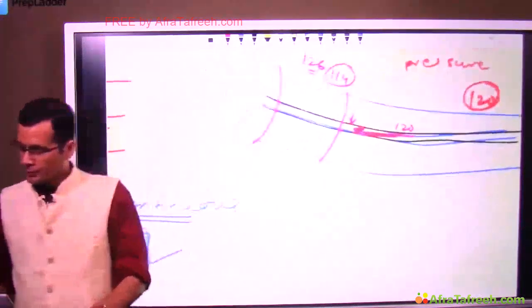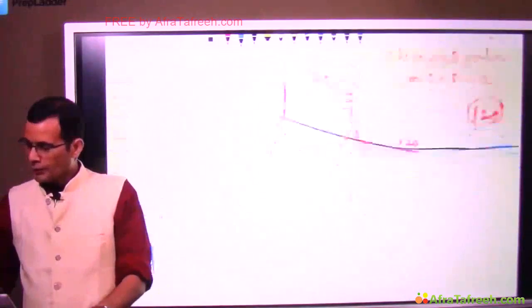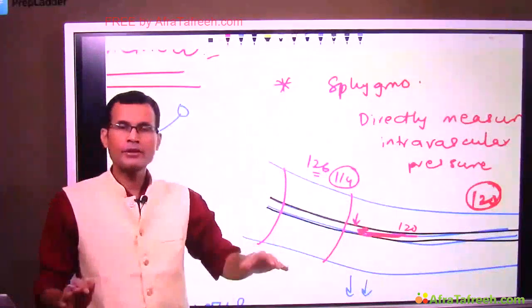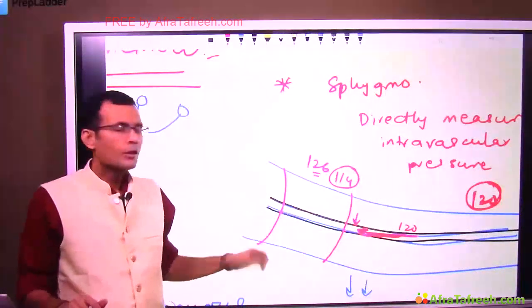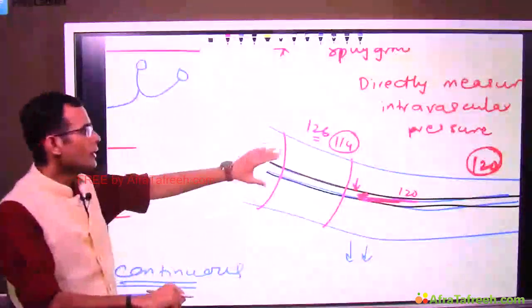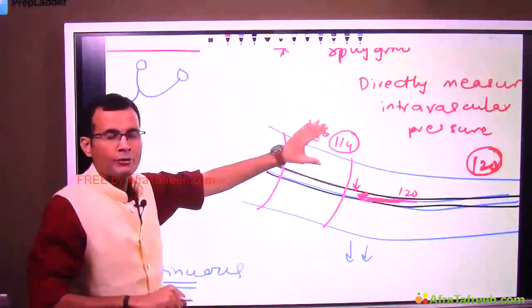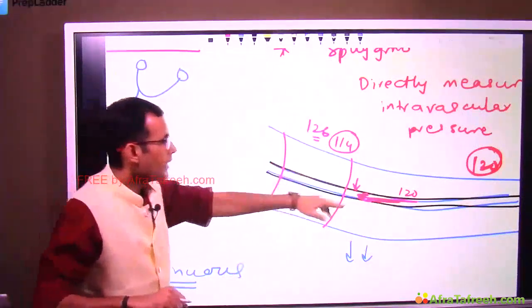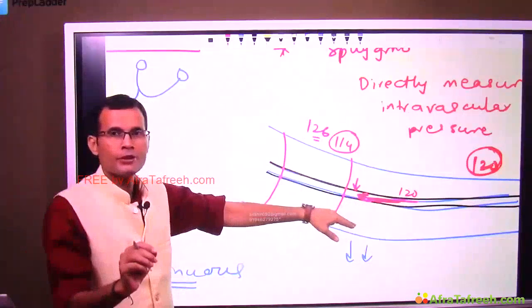Next point is coming back to this comparison between sphygmomanometry and directly measured intravascular pressure. We've already seen that the BP cuff, the sphygmomanometry, gives you a higher pressure than the directly measured intravascular pressure.